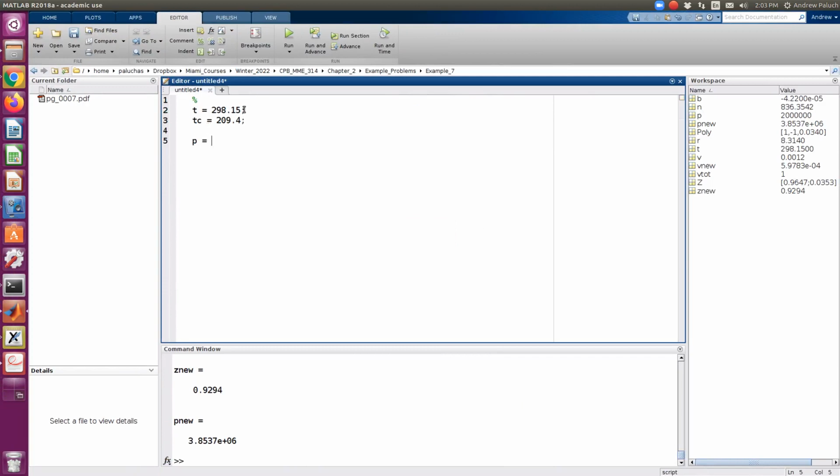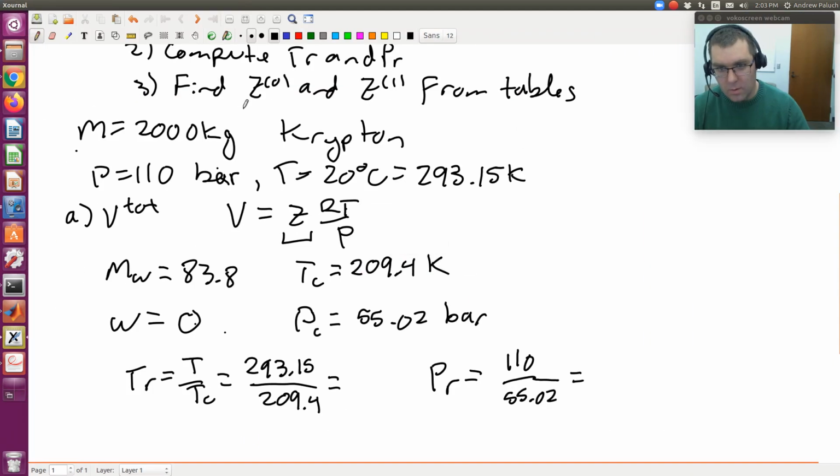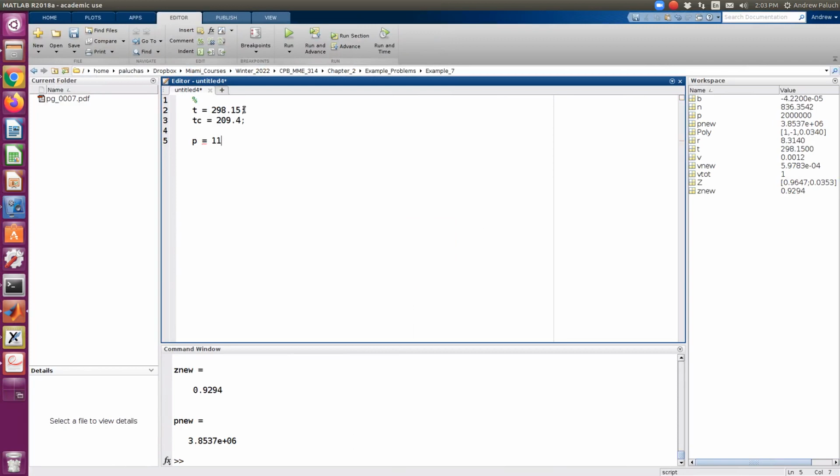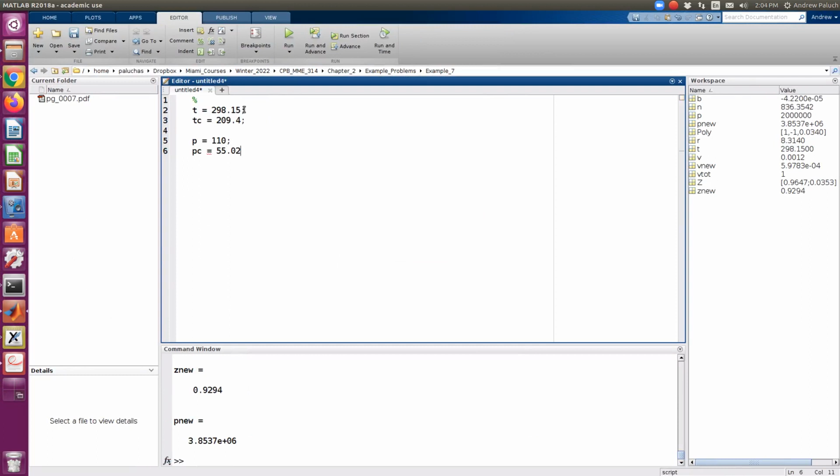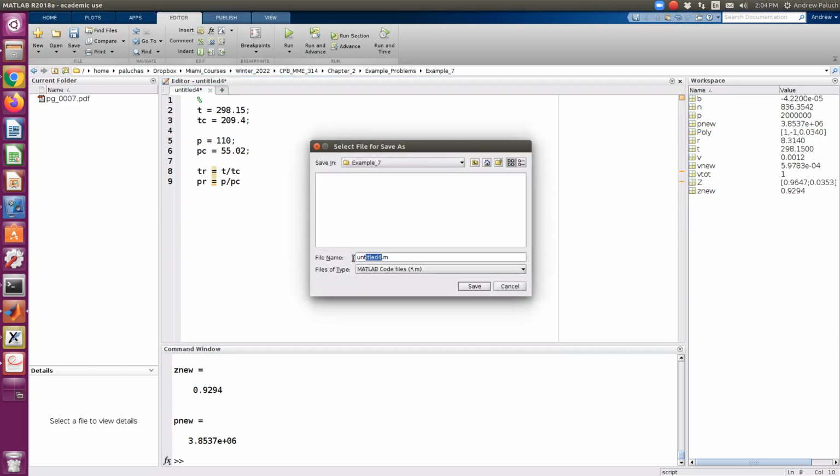My pressure was 110 bars. My critical pressure was 55.02. So TR is T divided by TC, and PR is P divided by PC. Okay, let's save this.